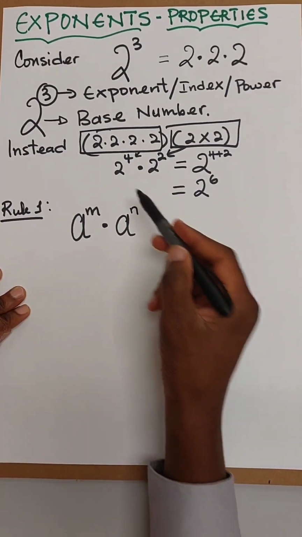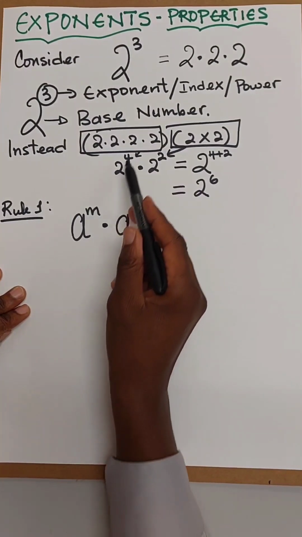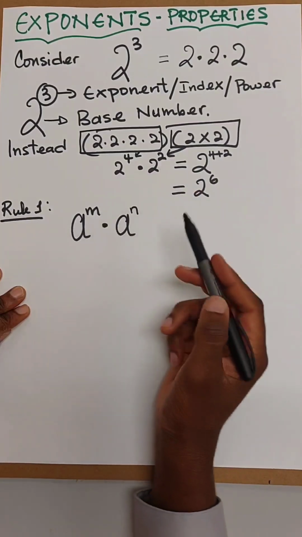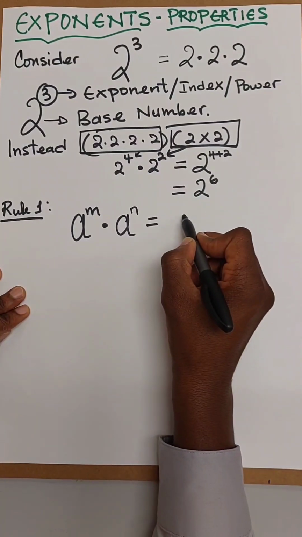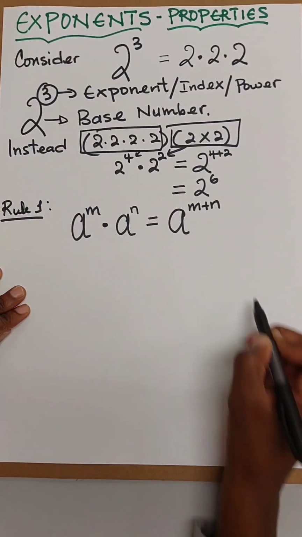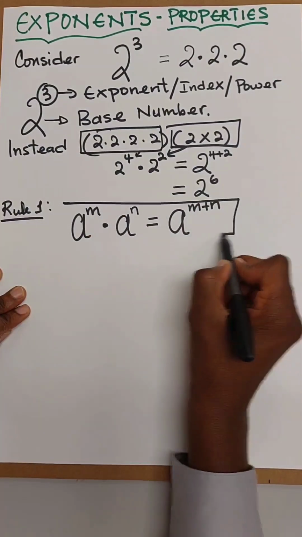For example, like we had 2 to the 4th times 2 to the 2nd. m could be 4, n could be 2, it could be any number. But what the rule is saying is to simply keep that base number and add the exponents. And that is how to simplify those. So this is our first rule for exponents.